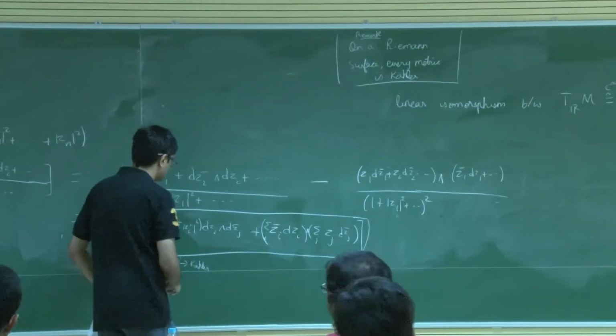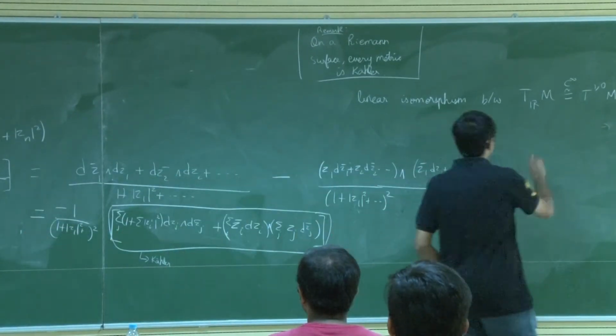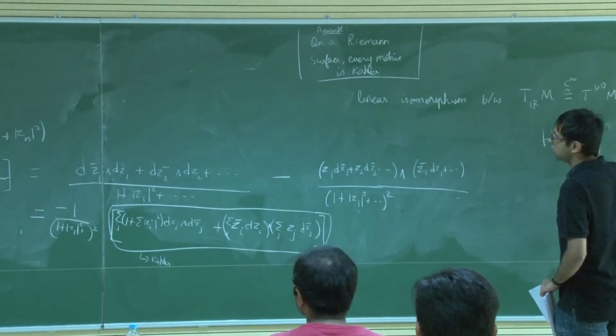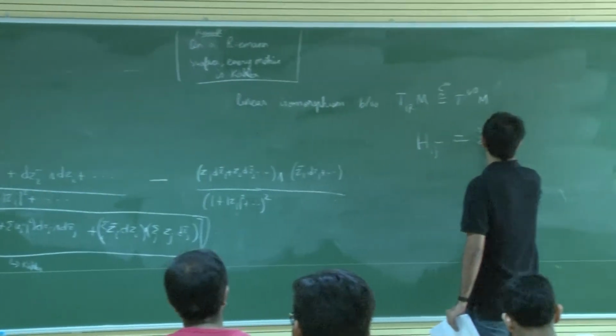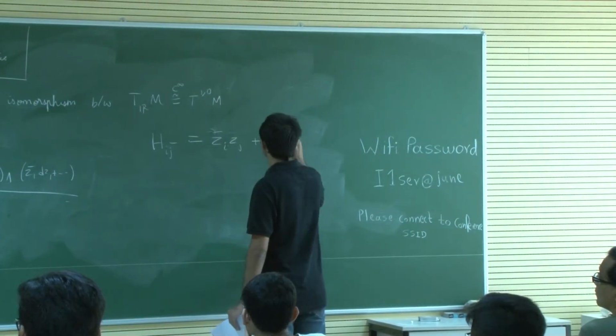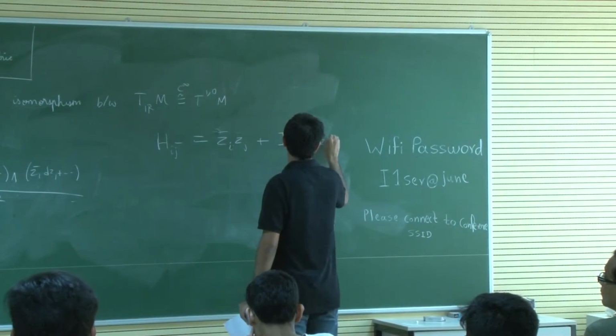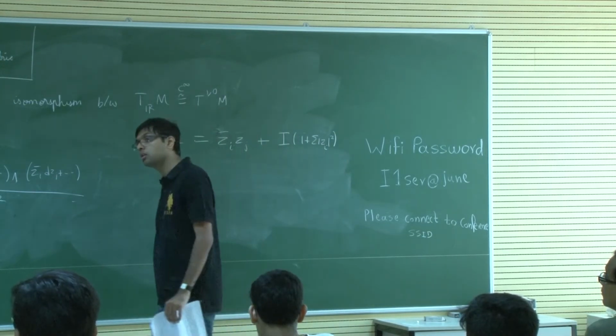In other words, if you write this matrix down, what is the matrix? It is zi bar zj plus the identity matrix times (1 plus sum |zi| squared). I claim this is positive definite.